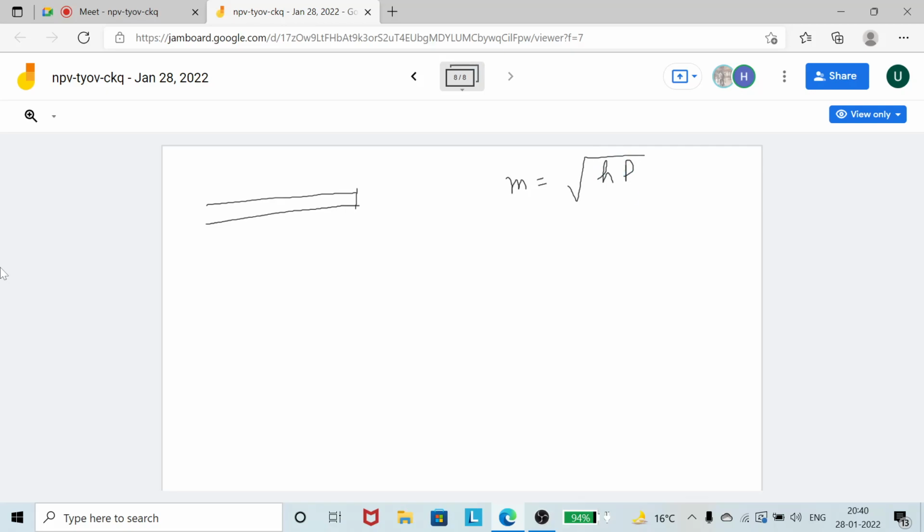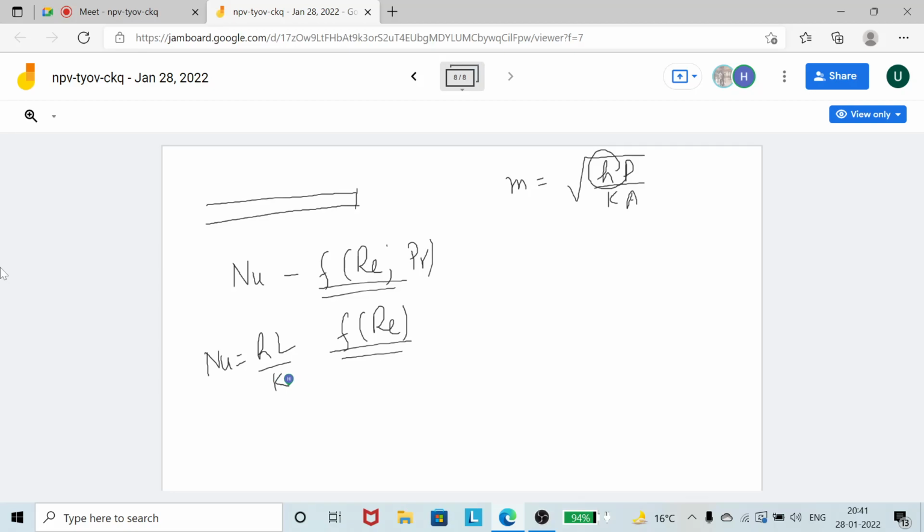So I need the value of the heat transfer coefficient. This heat transfer coefficient is calculated from a correlation, a function of Reynolds number and Prandtl number. In this work, it is a function of Reynolds number. If I know this function, I can calculate Nu equal to hL by k. L is the diameter of the fin, and thermal conductivity you can find out, so you can calculate h.